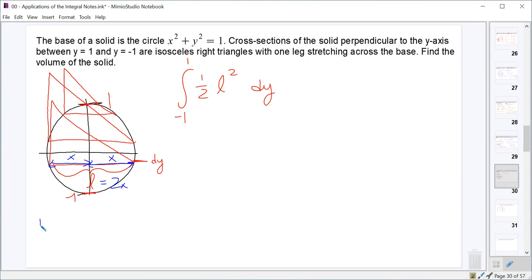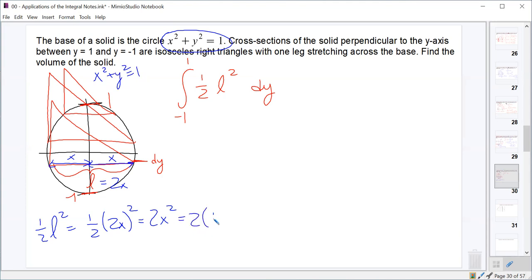So 1/2 L squared is actually equal to 1/2 of 2x squared, which should be 4x squared over 2. And then we need to figure out what x squared is equal to. Well, we can look right back up here to our original equation where x squared plus y squared is equal to 1, and see that x squared is equal to 1 minus y squared.